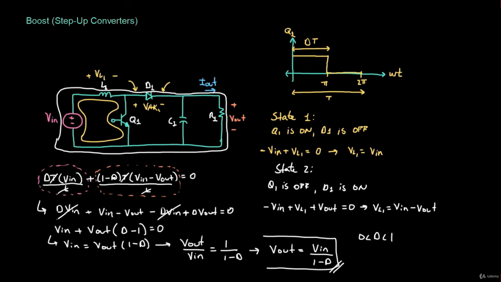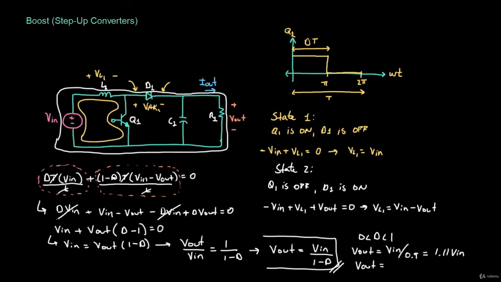So let's do a few examples. Let's say that D is equal to 0.1, then we would get that Vout would be equal to Vin over 0.9, which would be equal to 1.11 Vin. And let's say what happens if D is, instead of 0.1, 0.9.